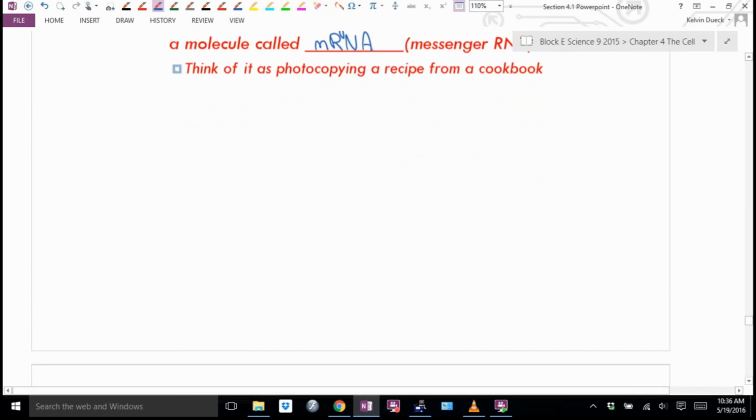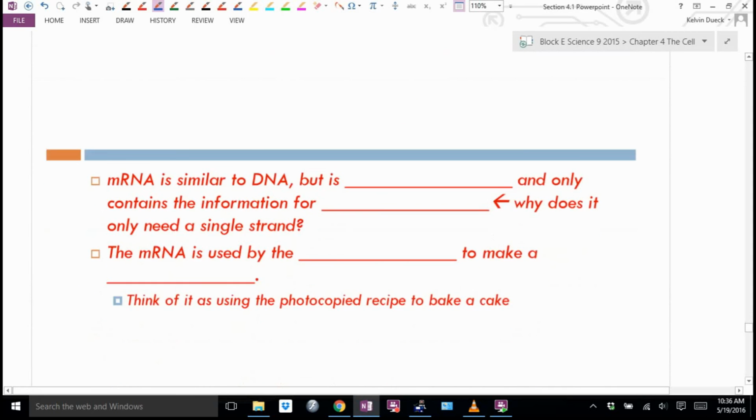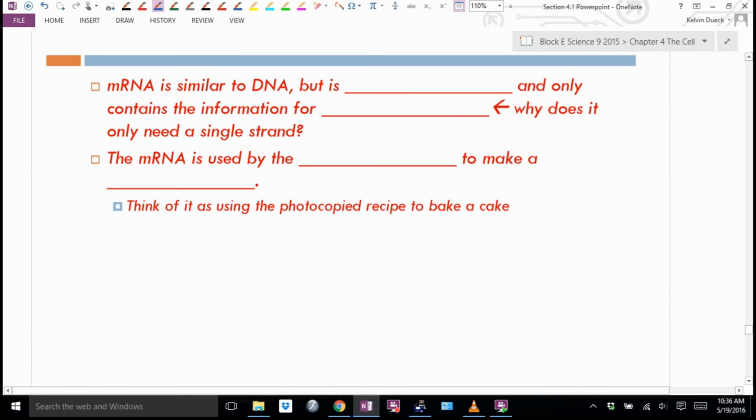Can you open in your textbook, please, to page 131? Page 131. mRNA, messenger RNA, is similar to DNA, but it is single-stranded, not double-helixed, not double-stranded. Okay?